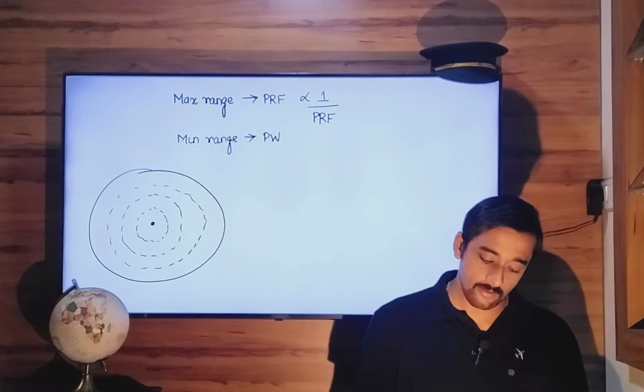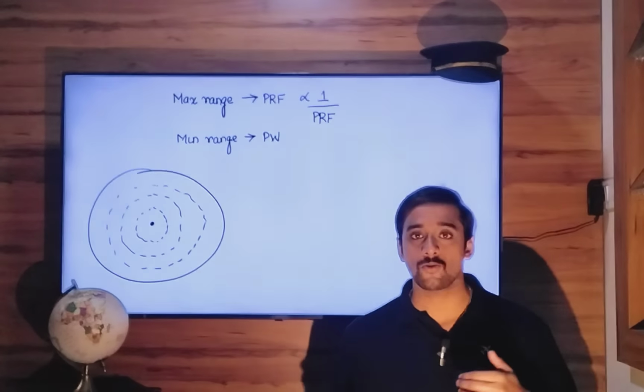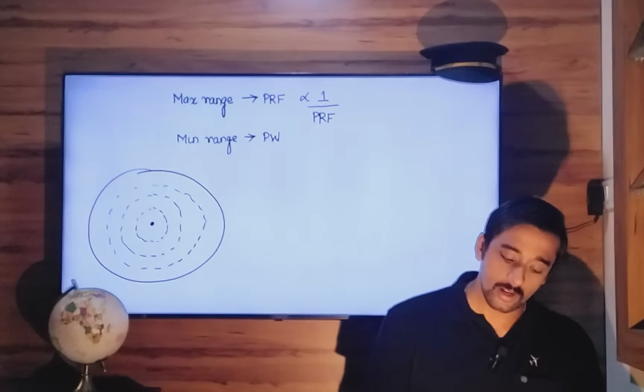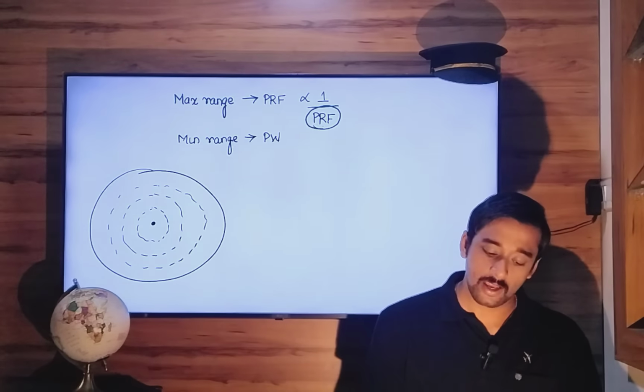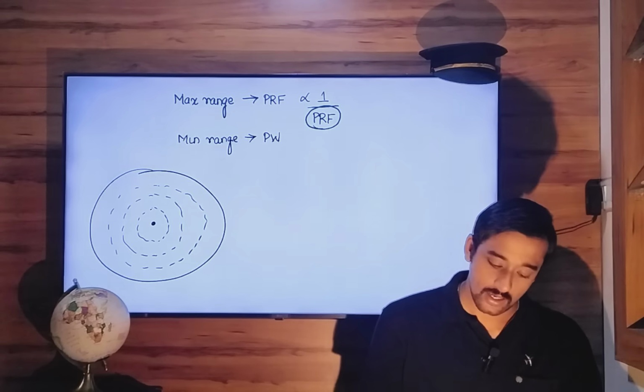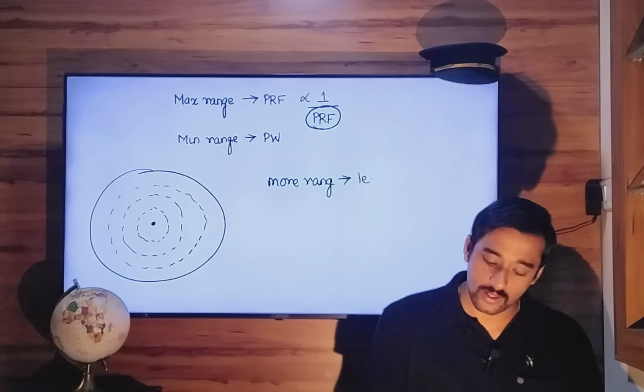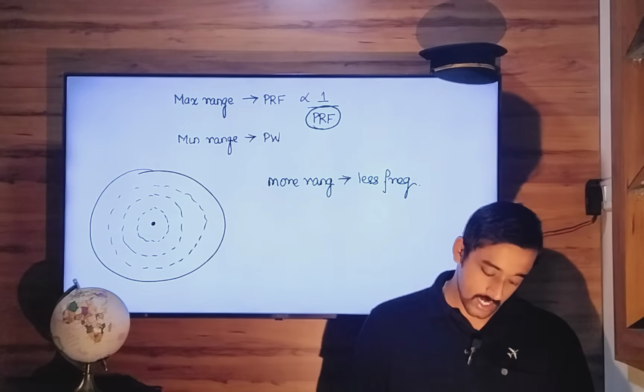If you want to increase the range, that means you want more and more range on your radar display. So what will you do to your frequency? The frequency should decrease. So more range, less frequency, since it is inversely proportional, right?